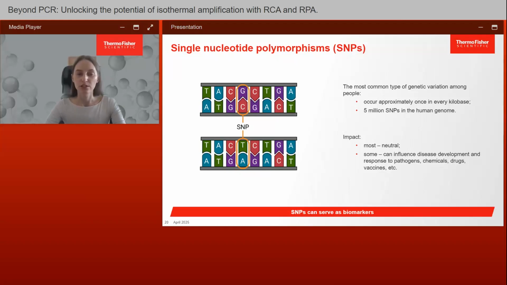While most of them are neutral, some can influence how individuals react to diseases, drugs, vaccines, and other factors. Thus, SNPs can serve as important biomarkers, and they are analyzed using various methods. Notably, they can be detected through a workflow which includes ligation followed by an RCA reaction.